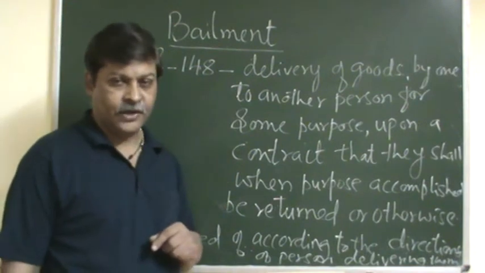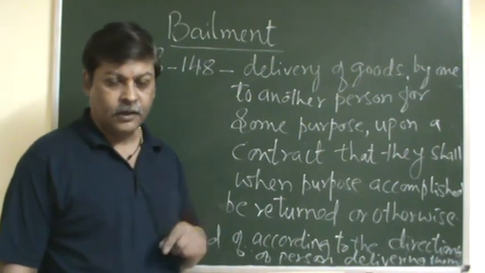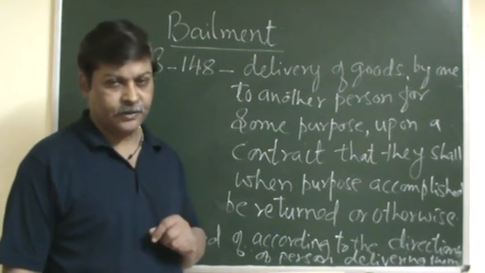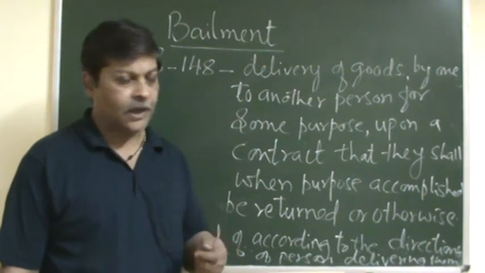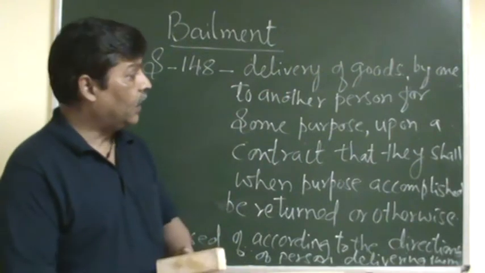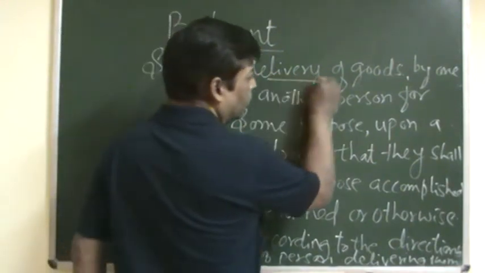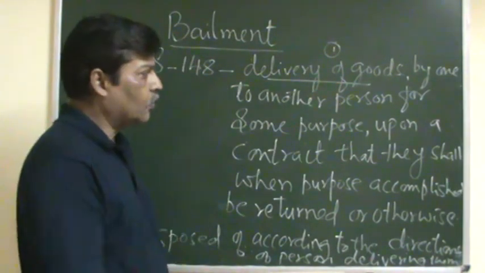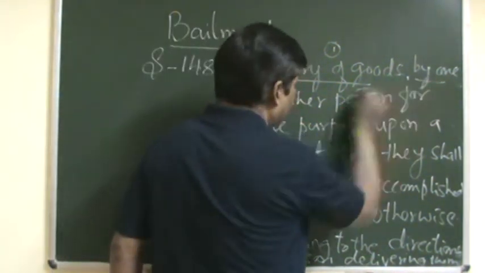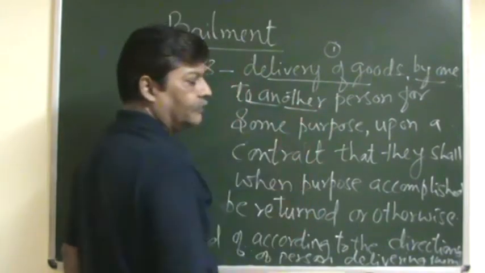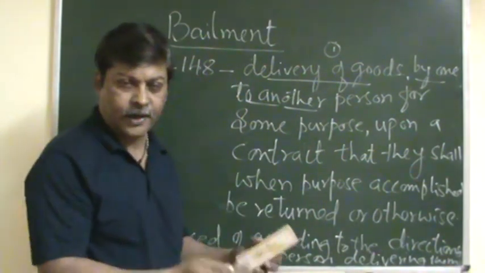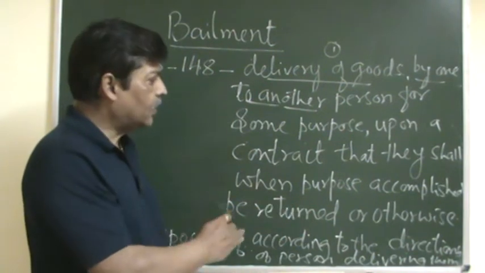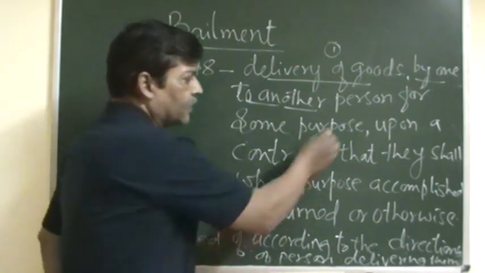Section 148 of the Indian Contract Act gives the definition of bailment. Delivery of goods, this is the first one: the delivery of the goods by one person to another. Usually in a contract you find two persons. Here one person delivers the goods to another person.